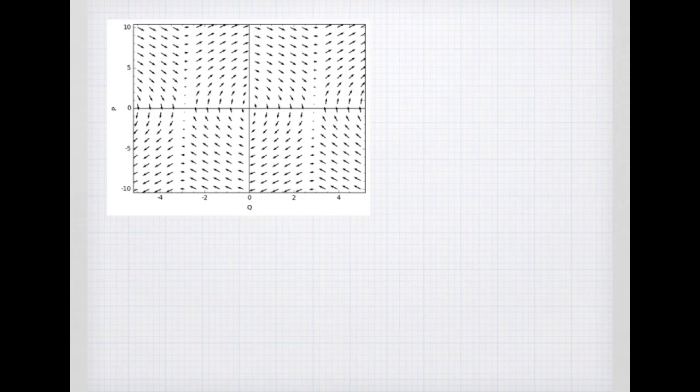The second vector field you saw is shown here, and if I were to sketch some of the orbits, so orbits are things we draw on the phase plane. Maybe it should be a little smoother there. So I get a bunch of loops.